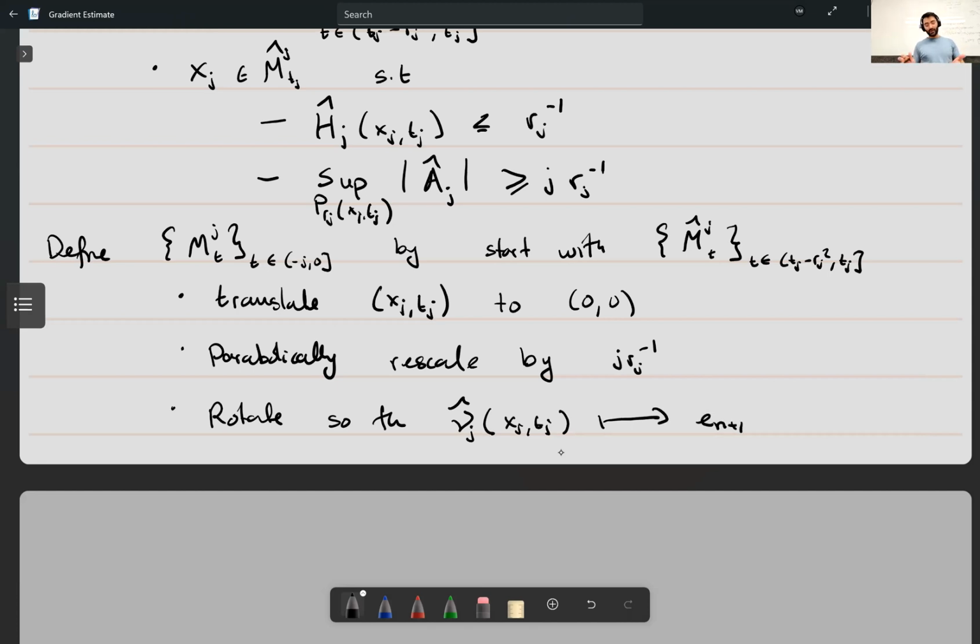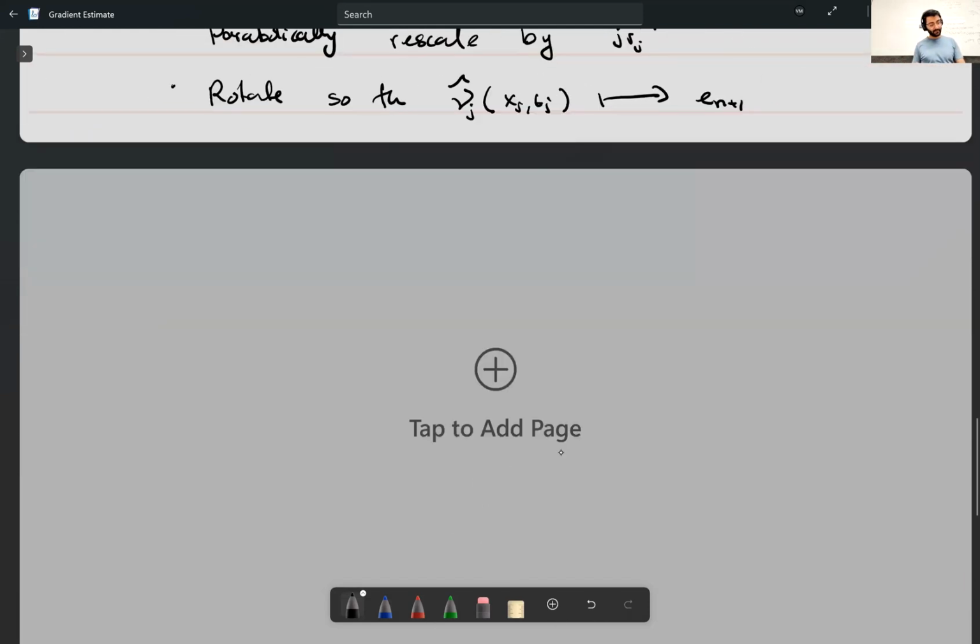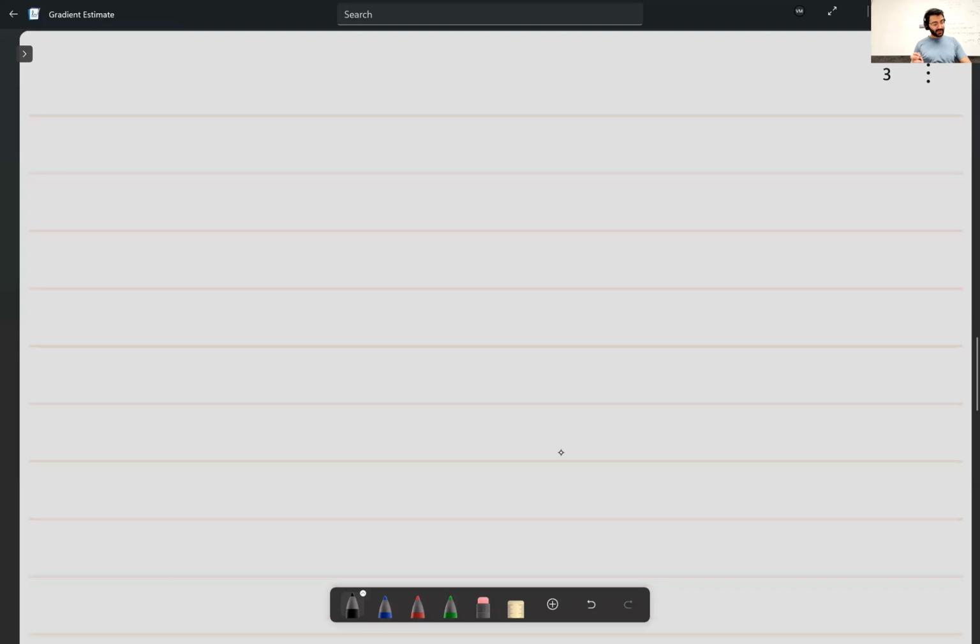Okay, so at the origin, when I rescale, the normal vector is equal to e_{n+1}. So let me just maybe say what this sequence MJT is.